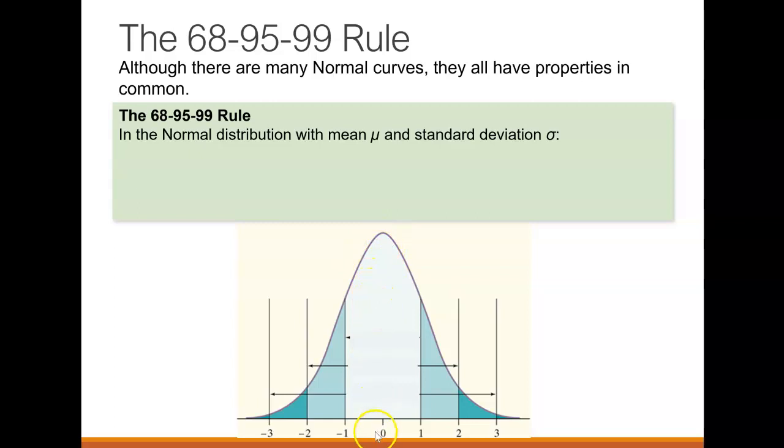So the probability that any outcome is within one standard deviation of the mean is 0.68. Is everybody okay with that? Which means that the section between 0 and 1 is 0.34, and the section between 0 and -1 is also 0.34. Everybody okay with that?